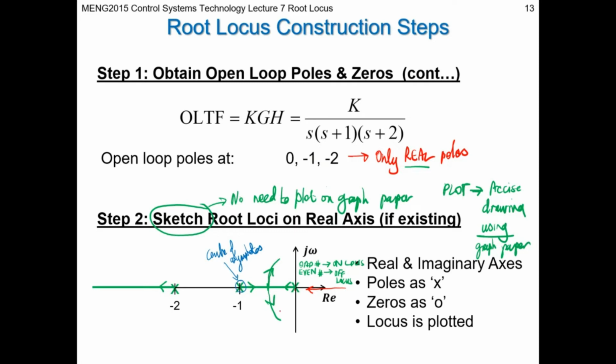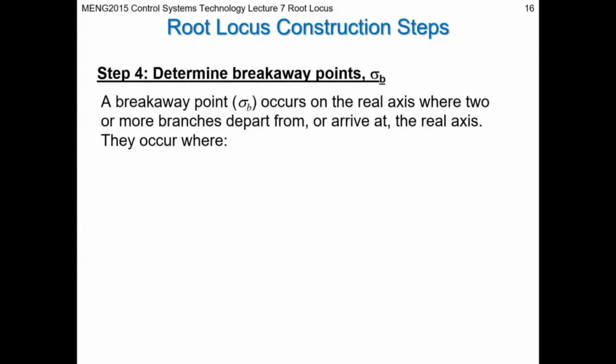One will go up, one will go down, and then they converge to the asymptotes we've just calculated. The breakaway point sigma b is where 2 or more branches of the loci depart from or arrive at the real axis.